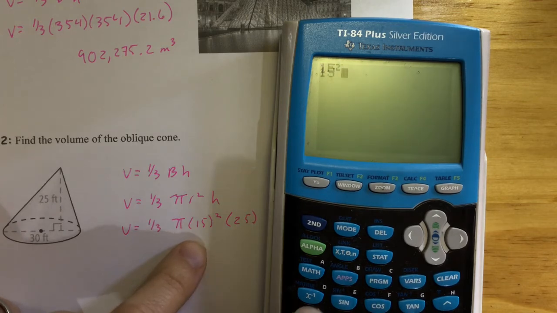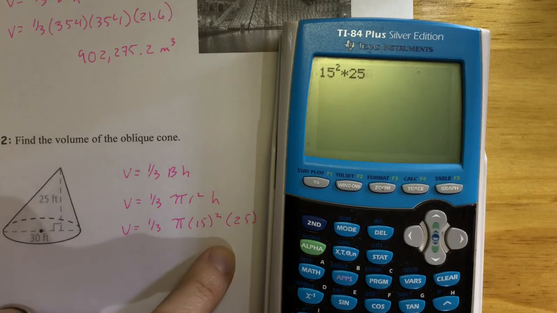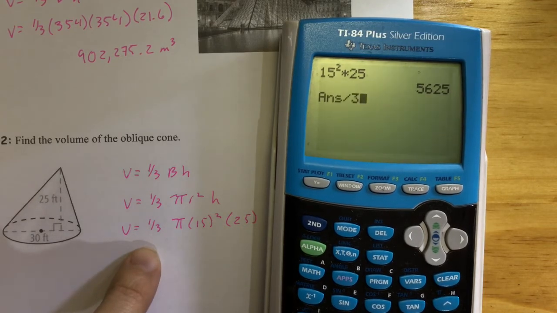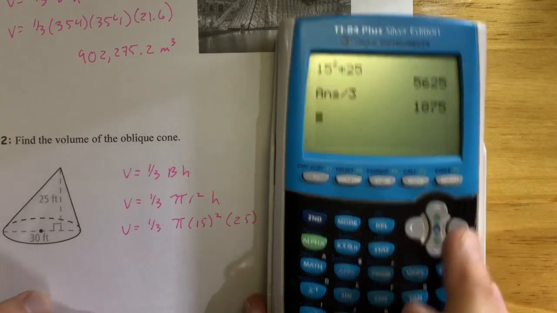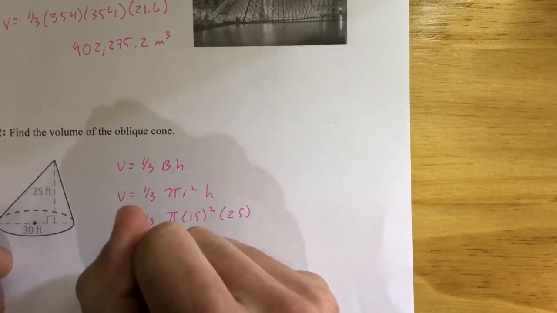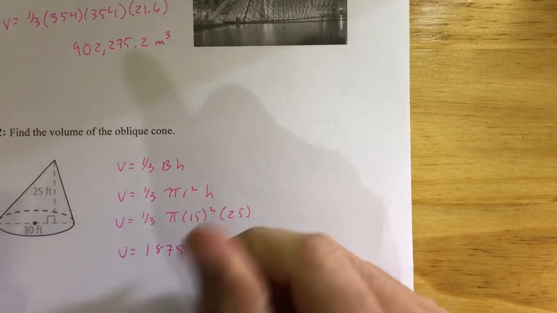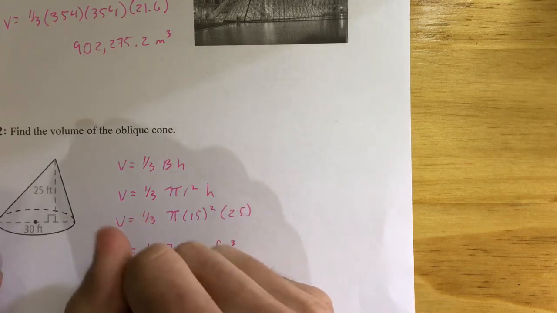So you're going to have 15 squared, which is the 225. That's going to multiply by 25. And then if we divide by 3, you're going to get 1,875. So the volume is going to be 1,875 pi. Units are feet, so you have feet cubed.